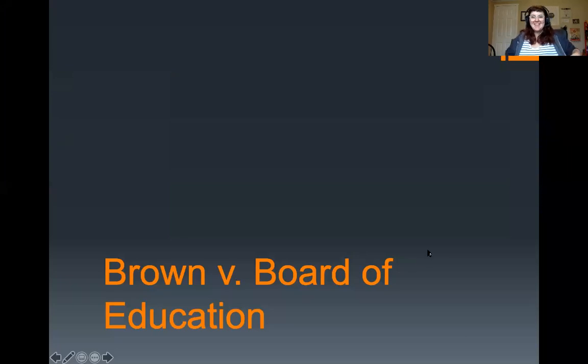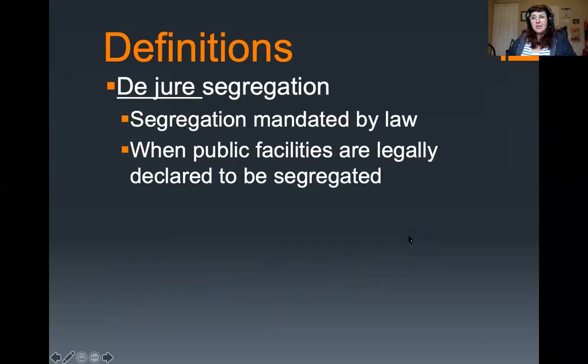Okay, so let's start off with some definitions first. There are two major types of race-based segregation in the United States, and kind of there still are. The first is what's called de jure segregation, and jure in Latin means law. So you can think of jury, law, right?